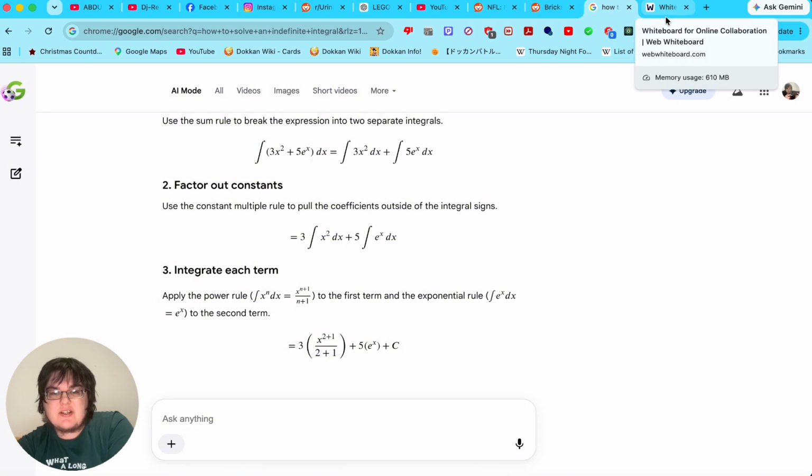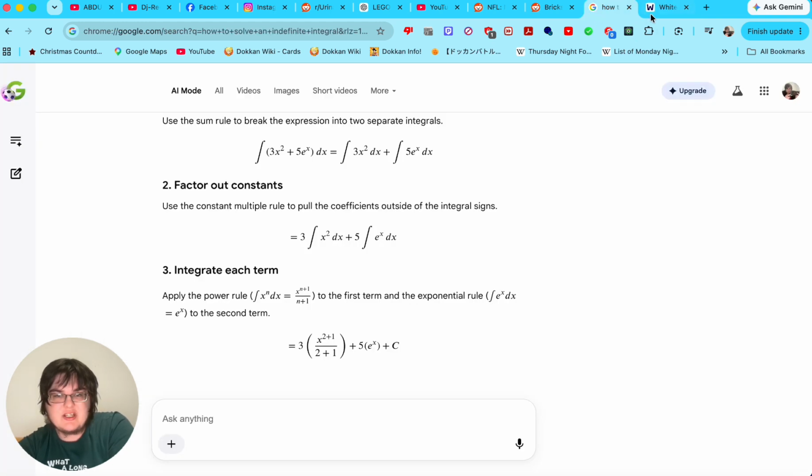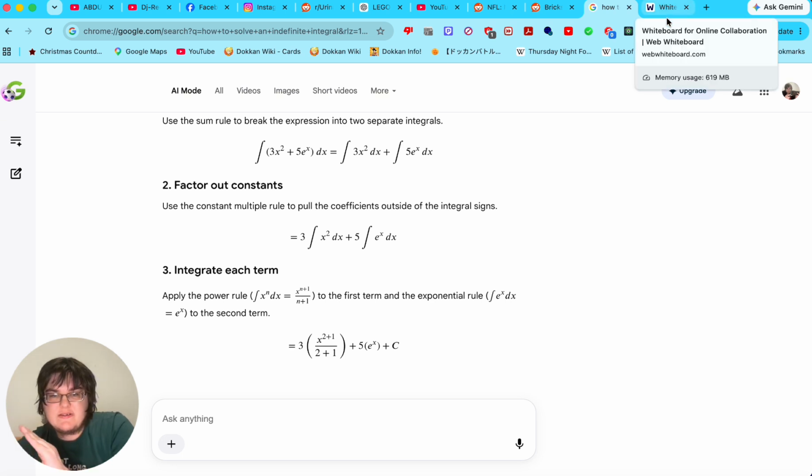Next, what you're going to want to do is factor out anything outside of the integral signs, which in this case is going to be the 3 and the 5 only.